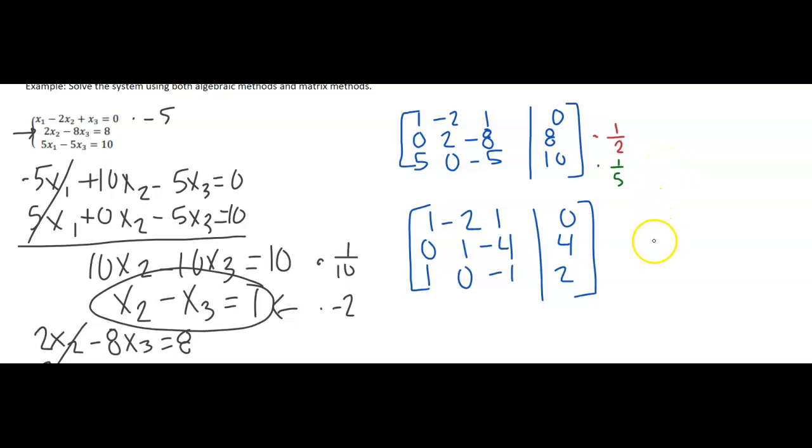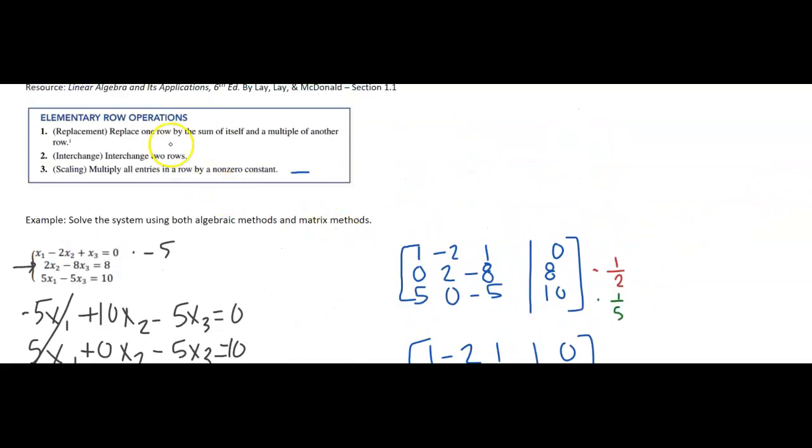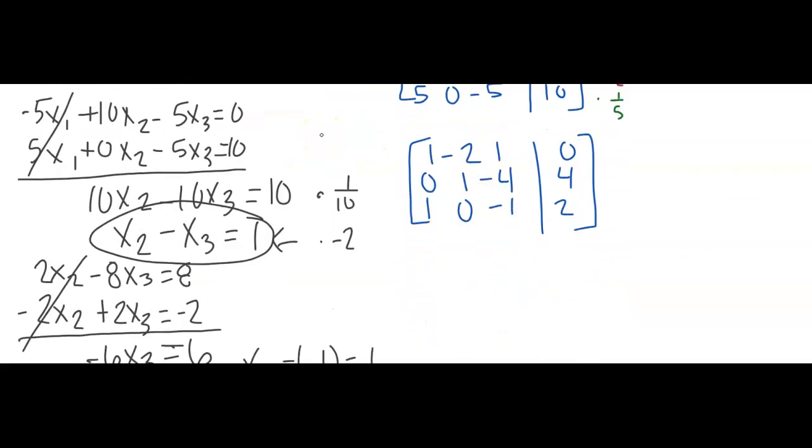Right now, I don't want to switch any of my rows, but I do want to do that adding, subtracting. Let me go up and do the exact words here. Replace one row by the sum of itself and the multiple of another row. So what I like to write here is I'm going to replace row 3 by taking row 1 and subtracting row 3.